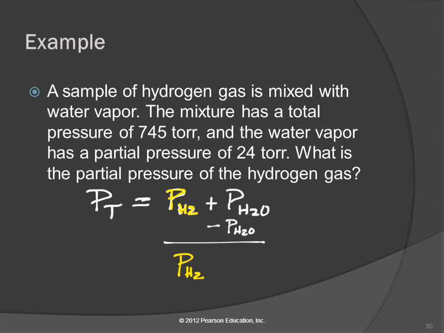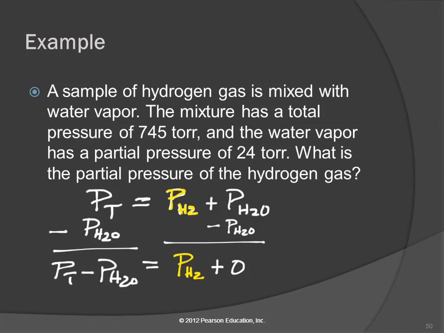pH2 plus 0, right? If I subtract from one side, I have to subtract from the other side. And over here, I end up with the total pressure minus the pressure of water. And those are equal.